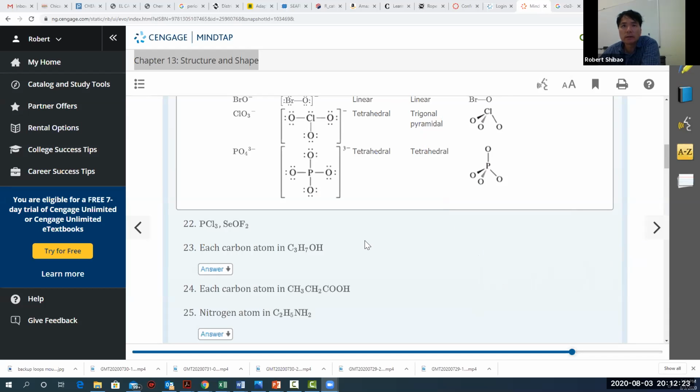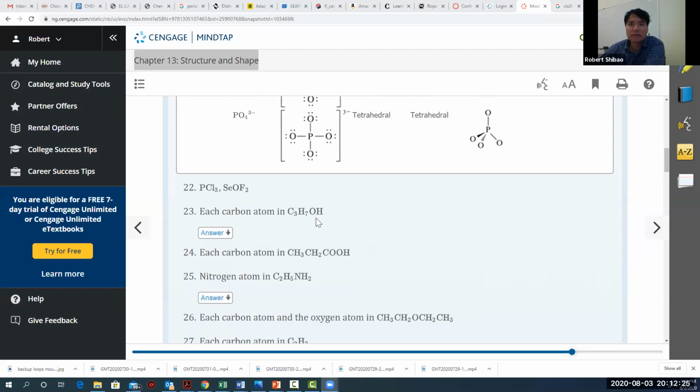So I already commented on that. C3H7OH. Now, with these bigger organic molecules, sometimes it's just better to try to connect the pieces. So I got 3 carbons. Let's try to just connect 3 carbons together like that. And then 7 hydrogens. So carbon likes to form 4 bonds. So 1, 2, 3, 4, 5, 6, 7.